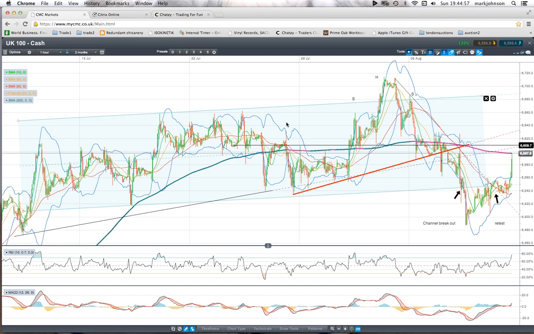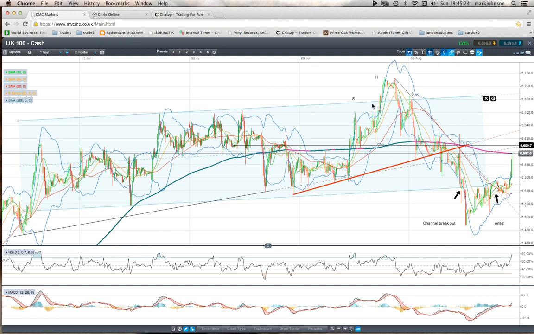But I would rather put my patterns on here and then let the price action go to it, rather than move my channel to fit what the price has done, if that makes sense. I put this channel on over 2 weeks ago.